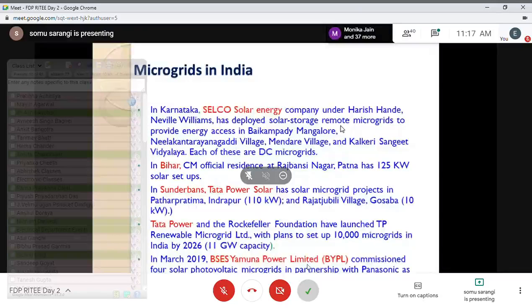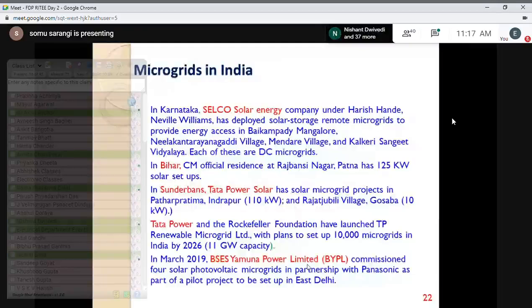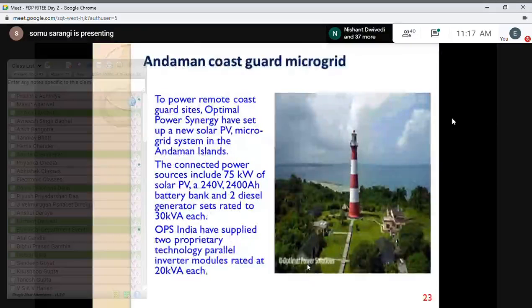In March 2019, BSES Yamuna Power Limited commissioned a solar photovoltaic microgrid in partnership with Panasonic as part of a pilot project to set up in East Delhi. In this figure, you see that the Andaman Coast Guard microgrid is also available.